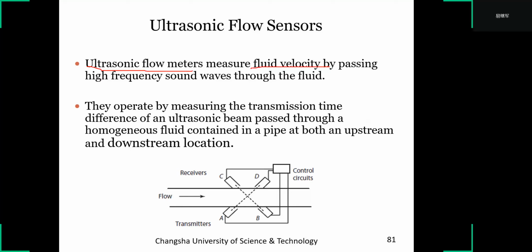They operate by measuring the transmission time difference of an ultrasonic beam passed through a homogeneous fluid contained in a pipe, at both an upstream and downstream location.